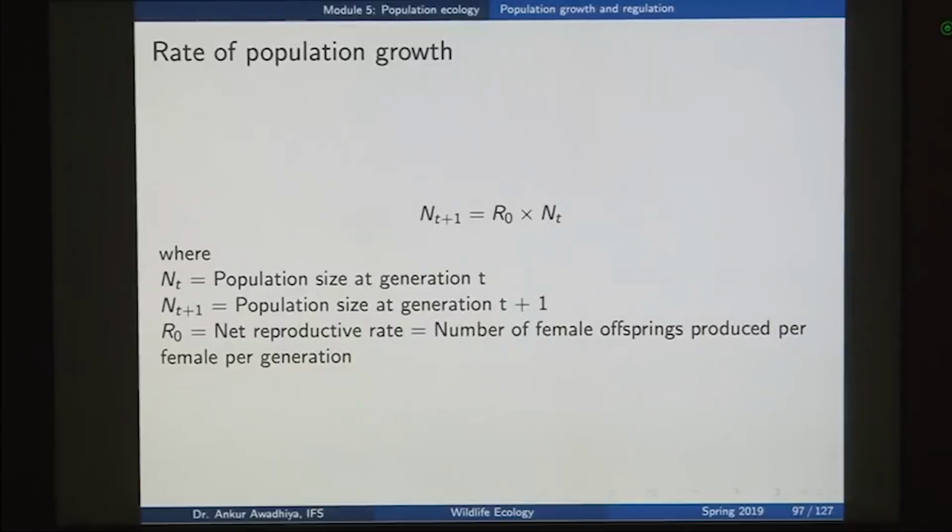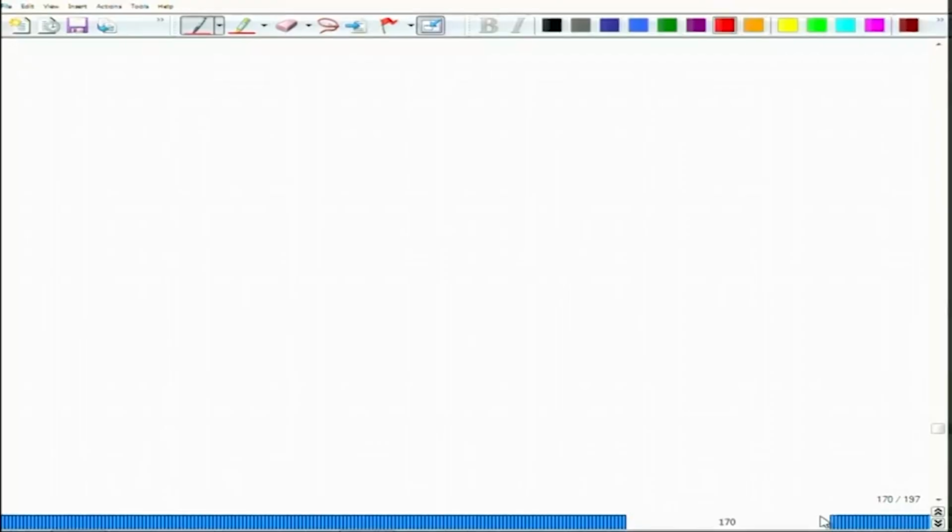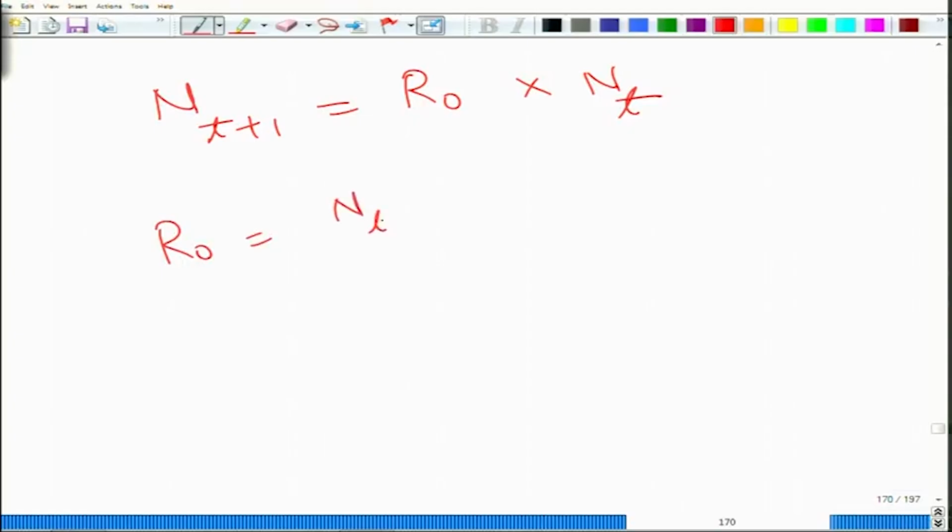The number of animals at t plus 1 time is given by r naught into the number of individuals at the tth generation. So, r naught is given by the number of individuals at the t plus 1th generation divided by the number of individuals in the tth generation.